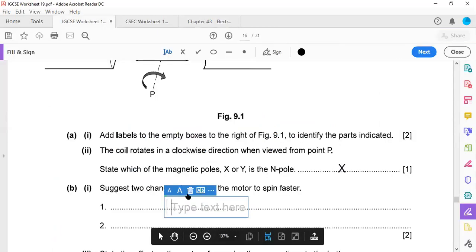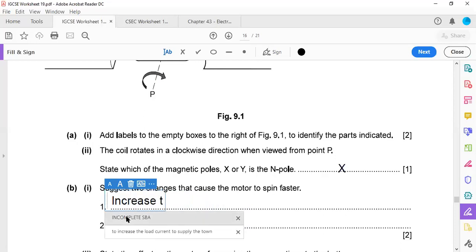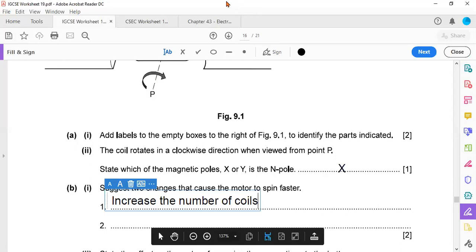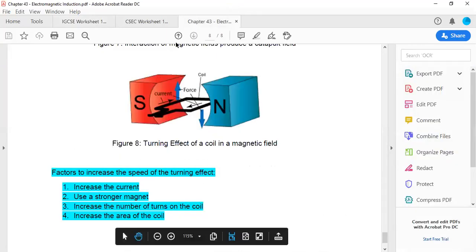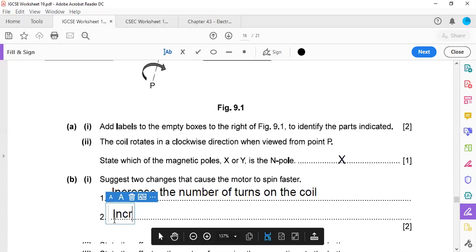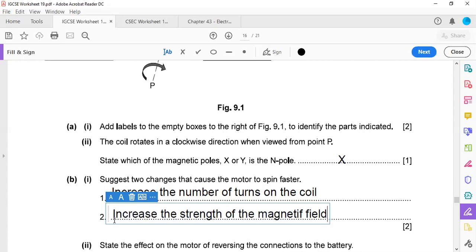So we could say we could increase the number of turns on the coil, and the second one we could put is increase the strength of the magnetic field, or the magnet, right?